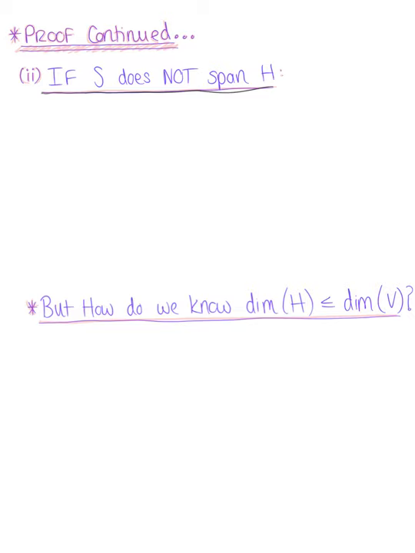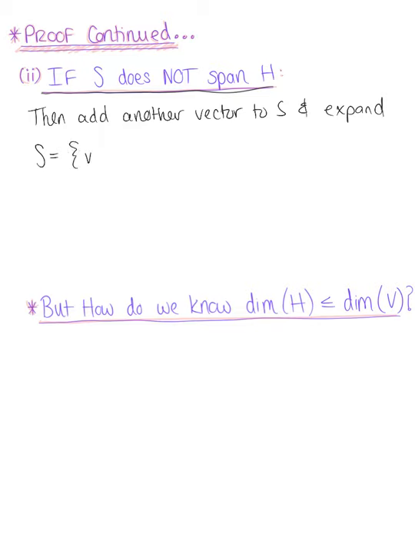If S does not span H, then we can simply add another vector to the set S and expand. So we're taking the originally defined set v sub 1, all the way to v sub n, and now we want to add another vector to this set.